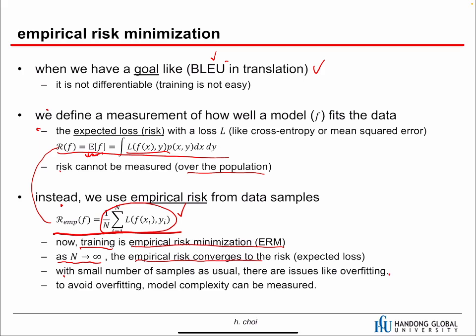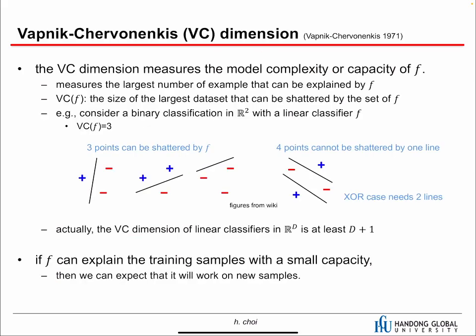So to avoid overfitting, the model complexity can be measured and it should be controlled. What I'm saying here is that we want this, but practically we can minimize empirical risk. But here is a question. When we minimize the empirical risk, do we actually minimize risk, or how much?